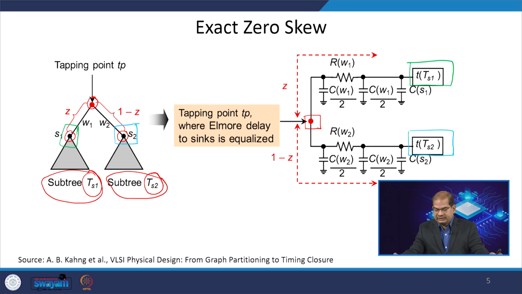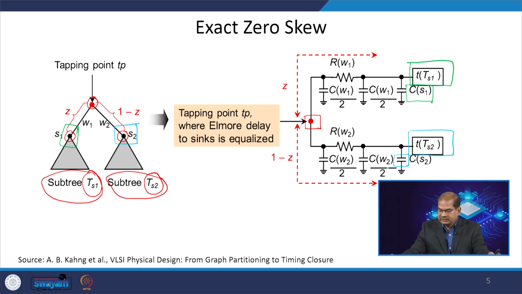So, we are creating the Elmore model of the interconnect and estimating the interconnect delay through the Elmore approach. Here you have the effective capacitance: subtree TS1 is driving CS1 and subtree TS2 is driving C of S2.